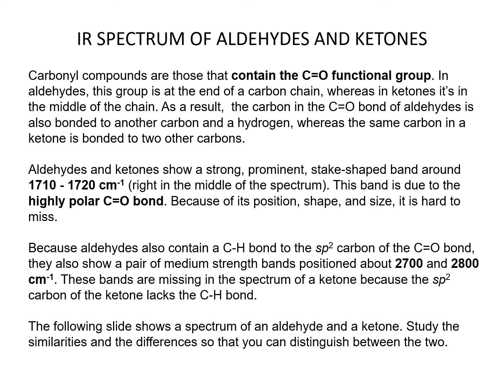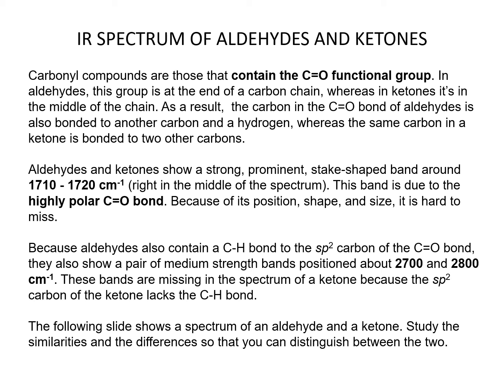Aldehydes and ketones are often discussed carbonyl-containing functional groups. They are the same in that they contain the carbonyl carbon, and this carbonyl carbon in both aldehydes and ketones has an IR absorption between 1710 to 1720 centimeter inverse.